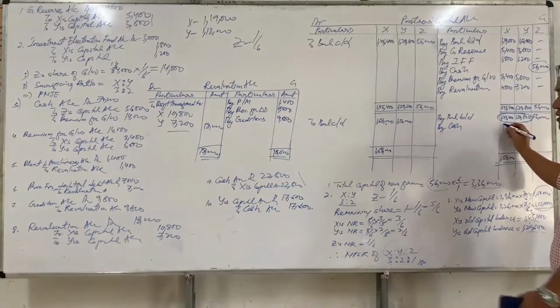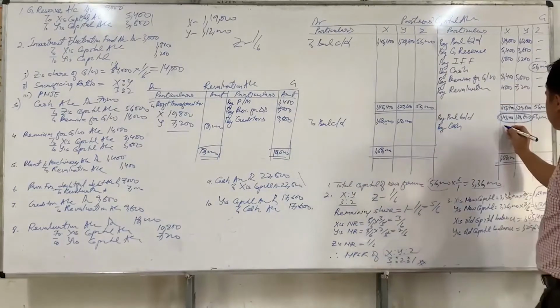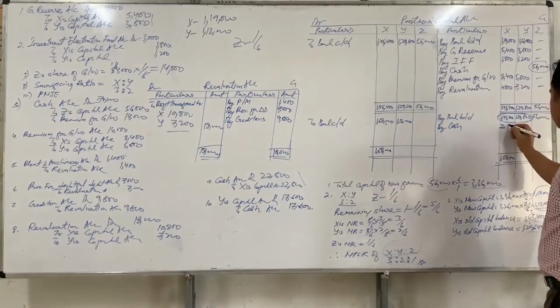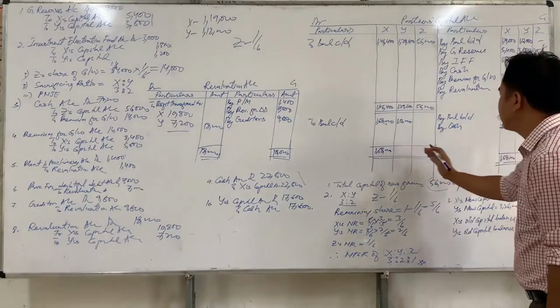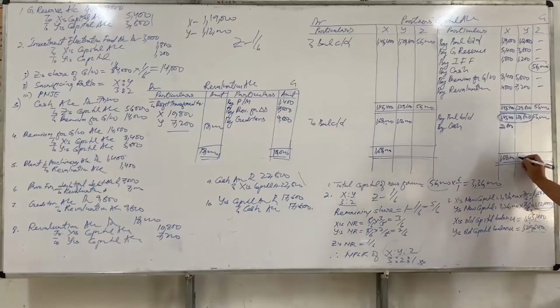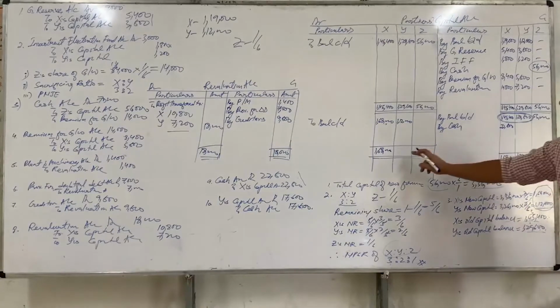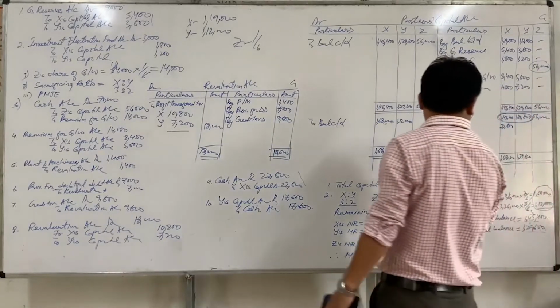So here, how much does X have to bring? X has to bring rupees 22,600 here. Okay. Now we have to see Y's capital account. Here Y's old capital balance is 1,29,600 and Y's new capital is 1,12,000. So we have to write the total of Y's old capital balance, which is 1,29,600, since Y's old capital balance is more than Y's new capital.